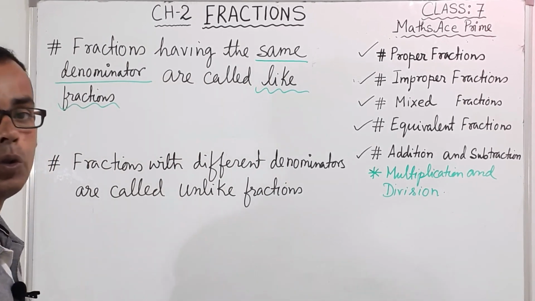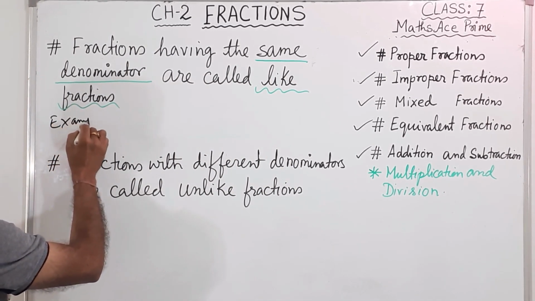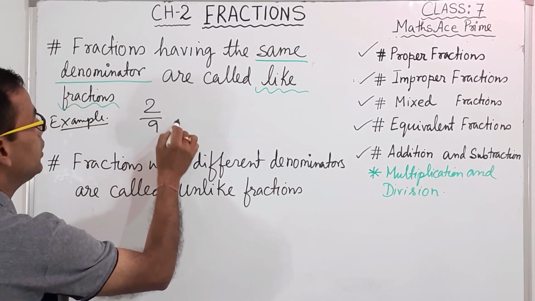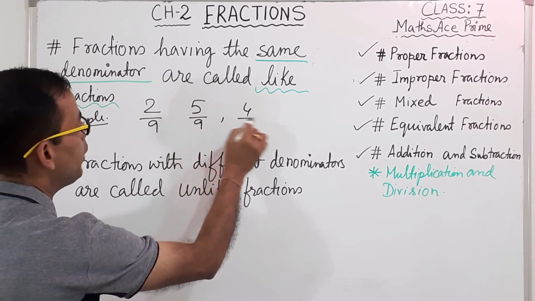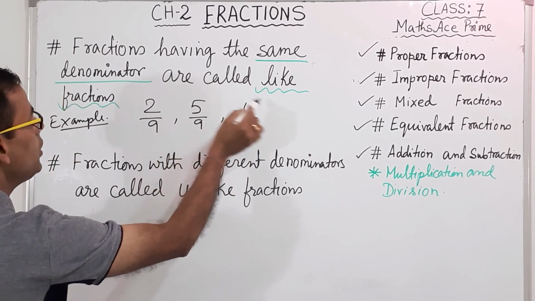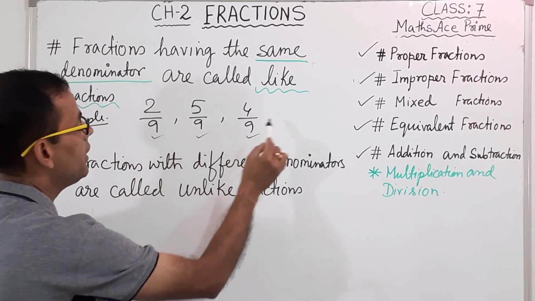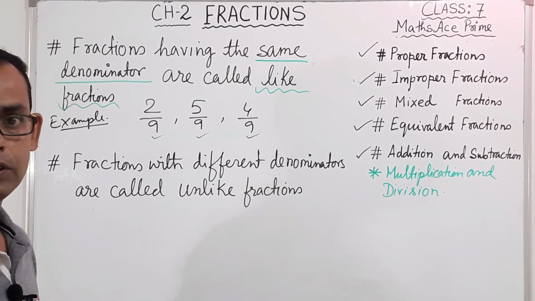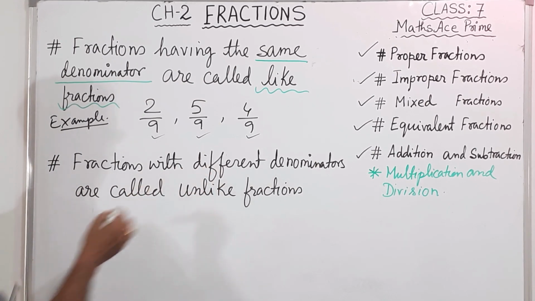Suppose if I want to give an example of like fractions, suppose I say 2 by 9, 5 by 9, 4 by 9. So in all these three fractions, the denominators are the same, so they are known as like fractions. Clear?